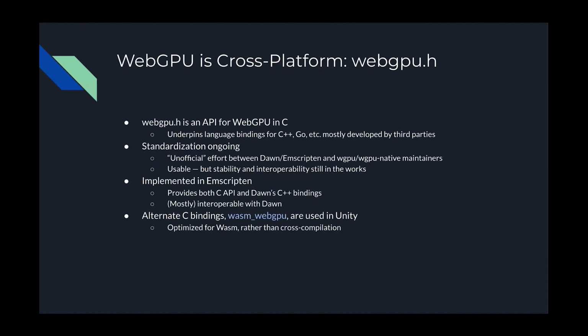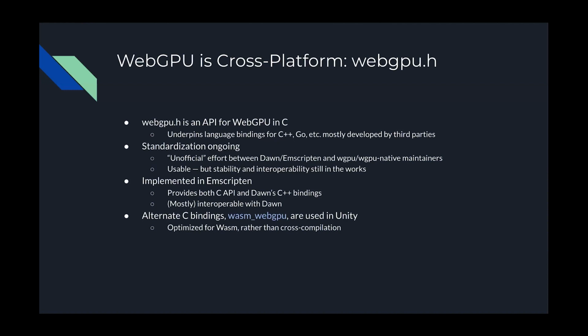So right now it is implemented in Emscripten, which provides both the C API and Dawn's C++ bindings. It is mostly interoperable with Dawn. There's a few small gaps, but it's very close right now. And Emscripten and Dawn are both moving forward toward the eventual stable API that we will share with WGPU native.